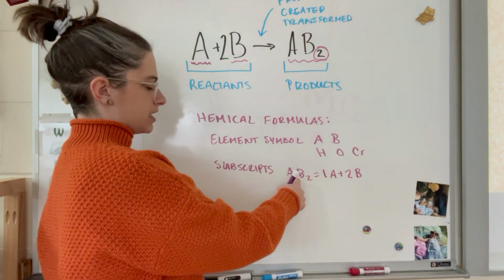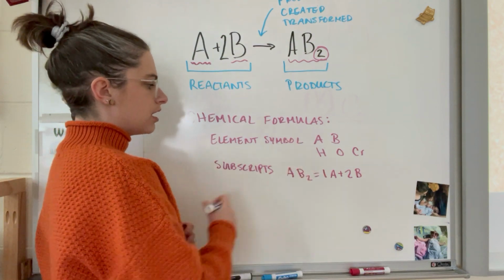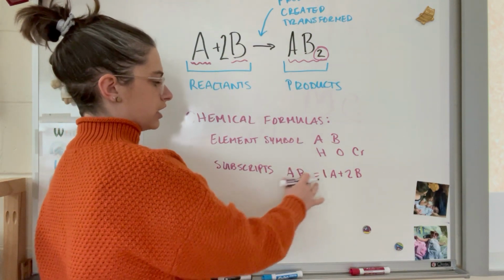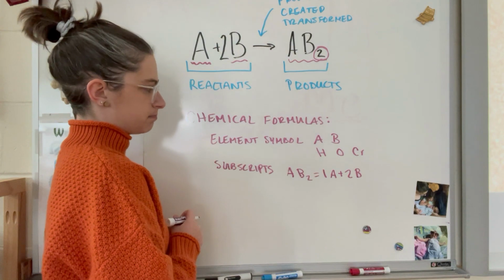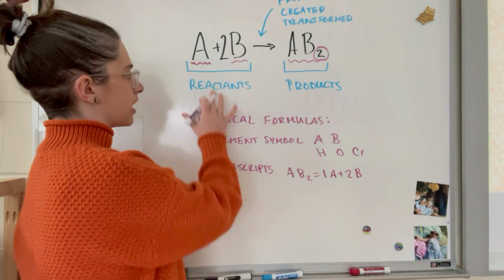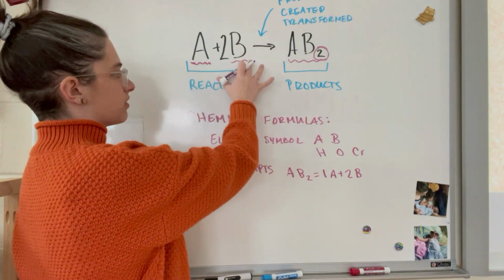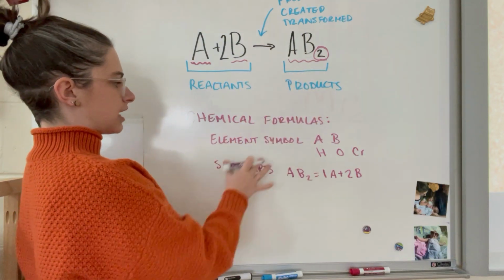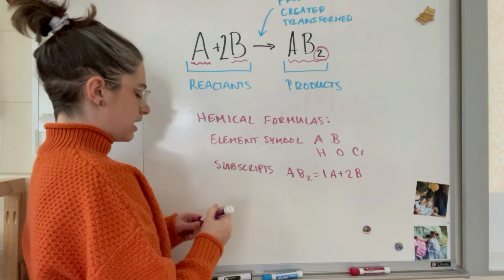So AB2, which is how we would read it, has 1 element A and 2 of element B. Okay, so we've got our reactants, our products, we have our chemical formulas, our symbols and our subscripts.